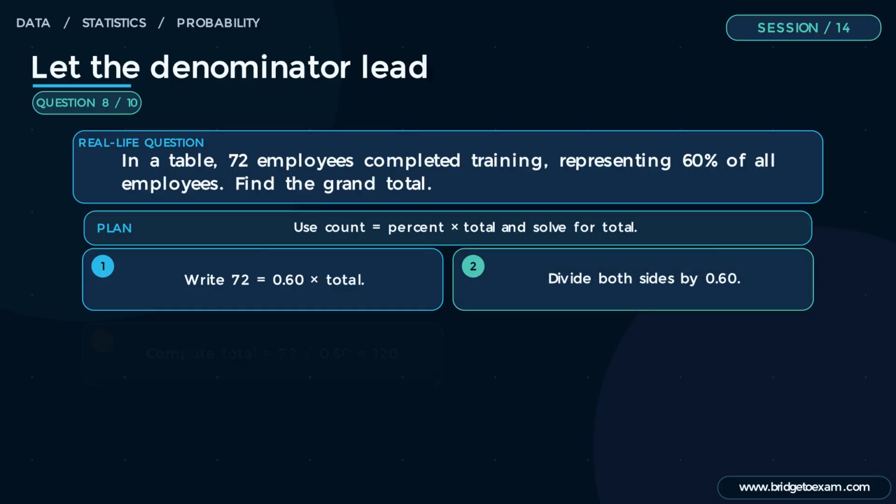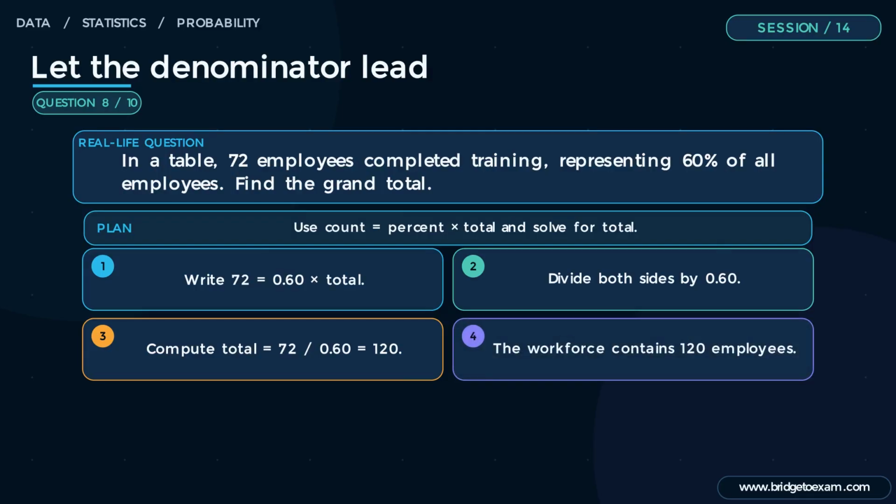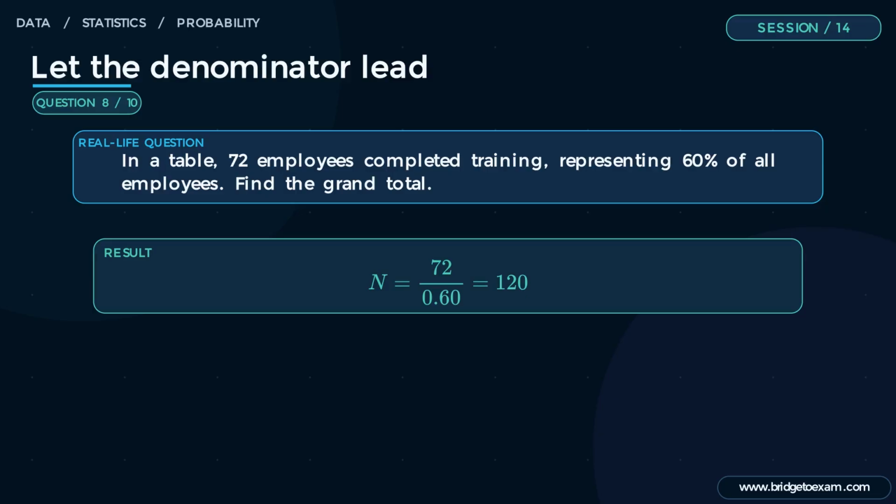Step 3. Compute total equals 72 divided by 0.60 equals 120. Step 4. The workforce contains 120 employees. Quick check. 60% of 120 is 72. This matters in real life because organizations reconstruct base counts when reports publish only counts and rates.